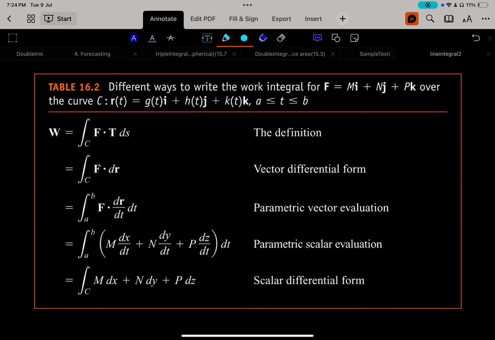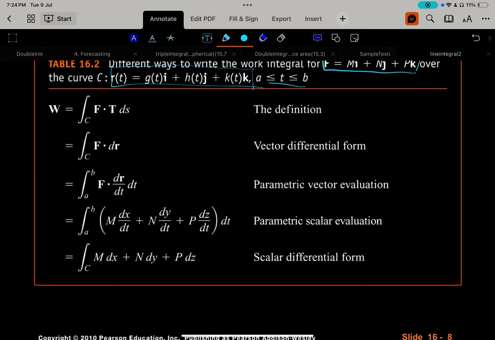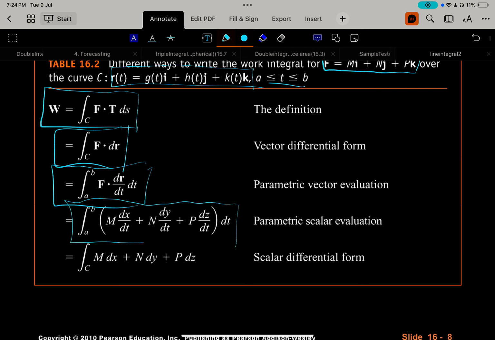As you can see, these are different ways to write the work integral. If we have F equals Mi, Nj, and Pk over this curve, it can be written in different ways. This is one. All of these ways are possible to solve the same question.